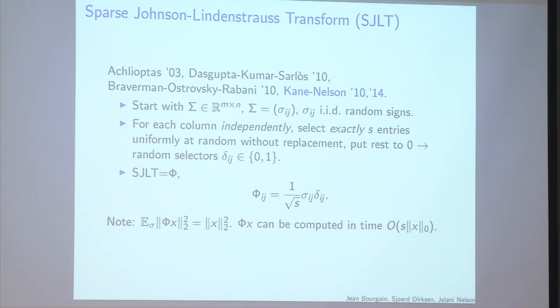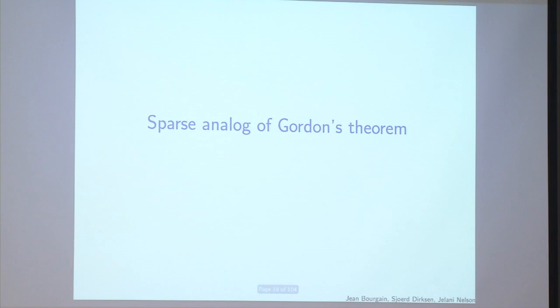In general, this fast Johnson-Lindenstrauss transform and the sparse one have incomparable running time. The question that I'm now interested in is the following: can I create a sparse analog of Gordon's theorem? Can I state a result that tells me, if you give me a certain set T, in which dimension I can embed this set?